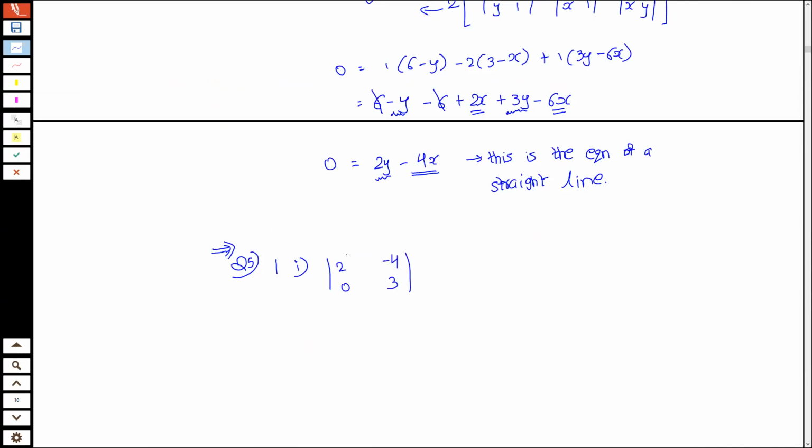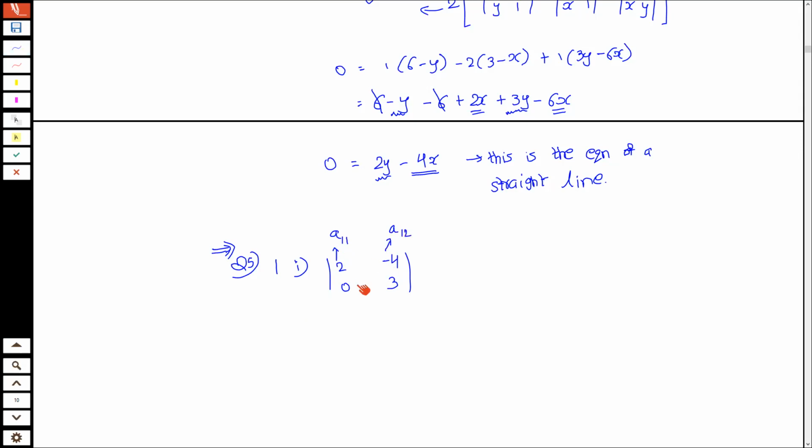So Ansh, please listen carefully. We have one concept of minor. All this position is called, this element is called A11. First row, first column. This is called A12.